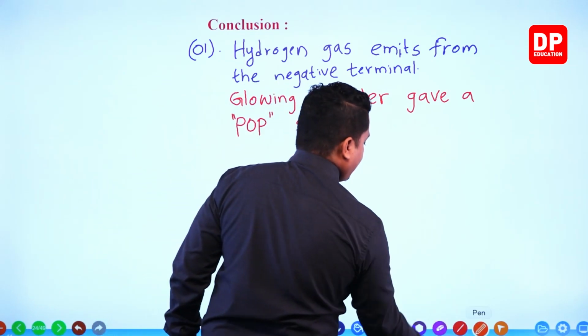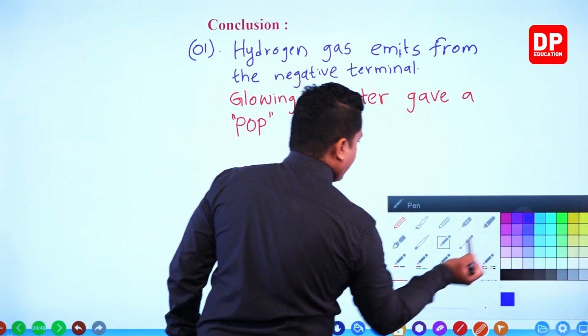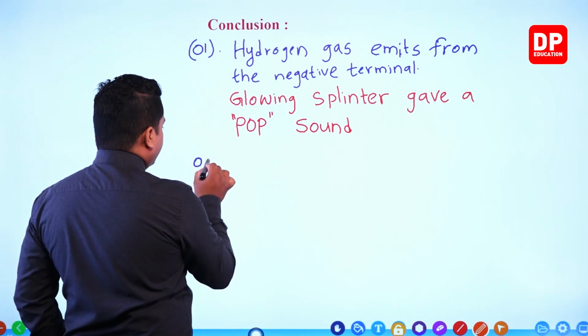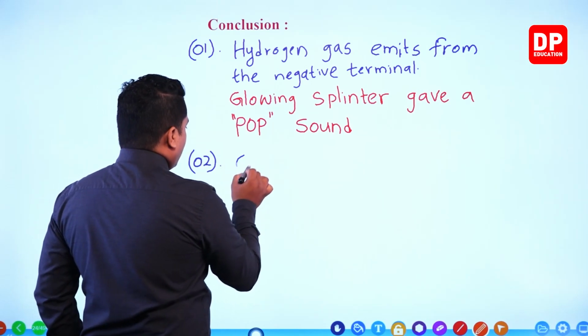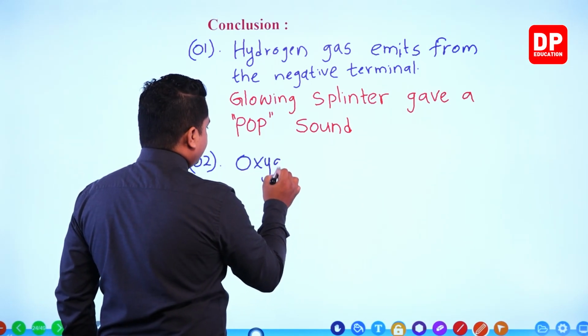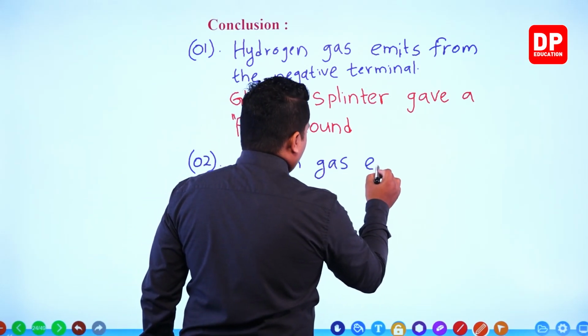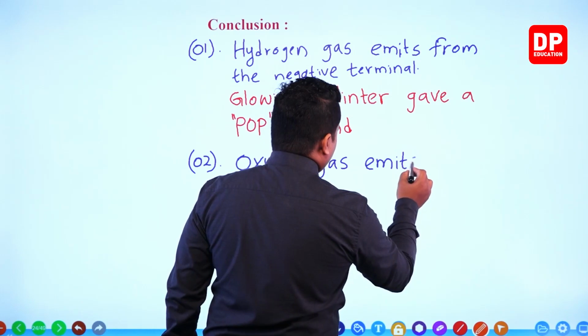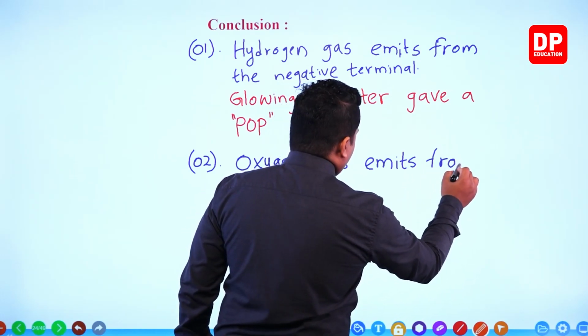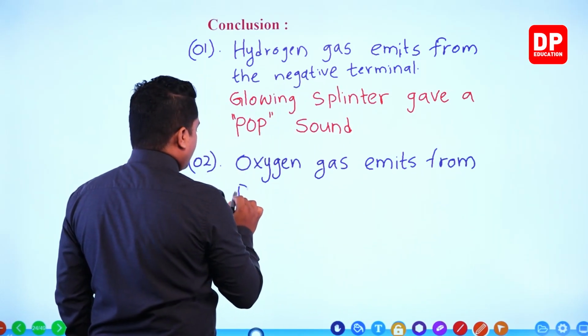Then number 2, oxygen gas emits from positive terminal.